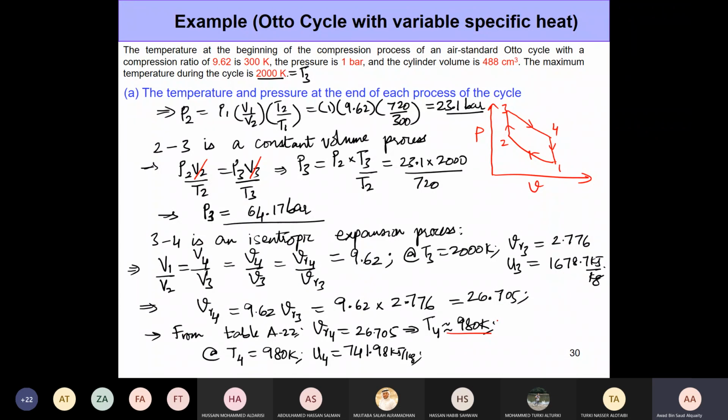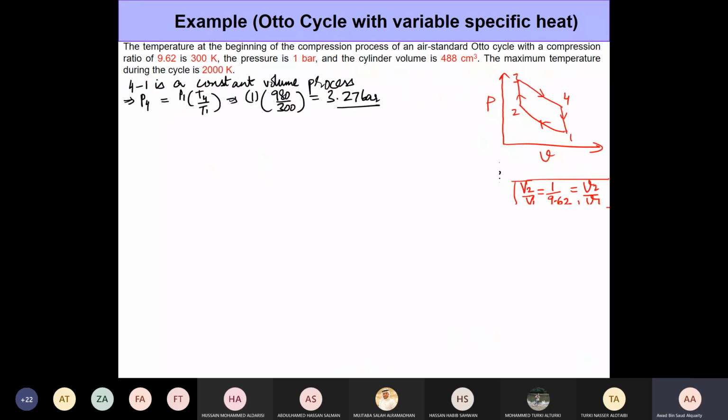Now, once you have T4, you can go ahead and determine the value of internal energy as well. We're going to make use of this a little bit later. But we have T4. Determining P4 is very straightforward. We can again make use of the ideal gas equation, right? And V1 and V4 are the same, so it just comes out to be the ratio of temperatures, just like what happened for the process 2 to 3.